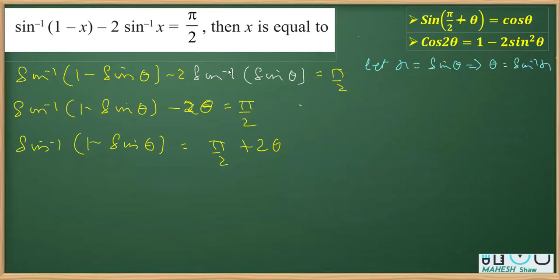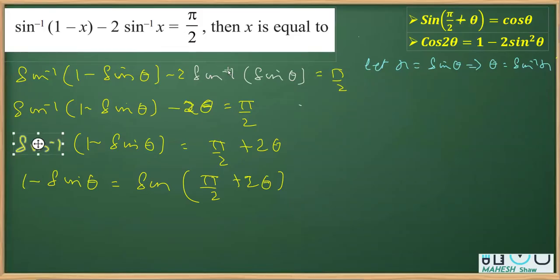Now I can simplify it further. Sine inverse on the left becomes sine on the right. We have this sine inverse on the left hand side, and on transposing, we write this as sine theta over here.